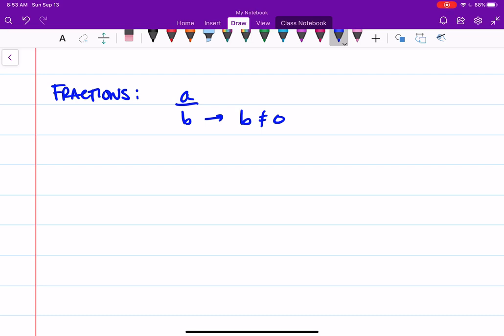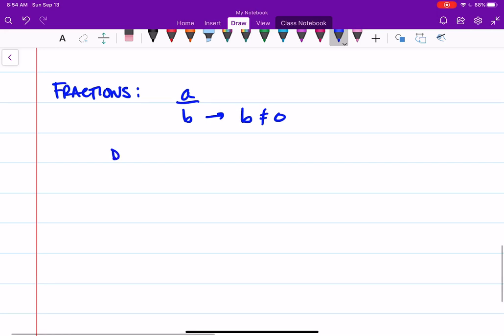So in terms of domain, b can be anything else. It could be anything less than 0, or anything greater than 0. So the domain here is going to be negative infinity to 0, without including 0, that's why it's parentheses, union with 0 to infinity.